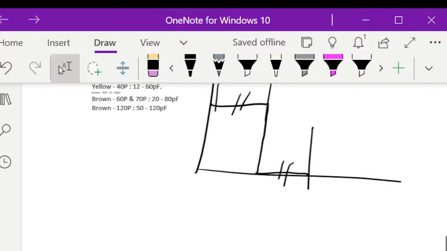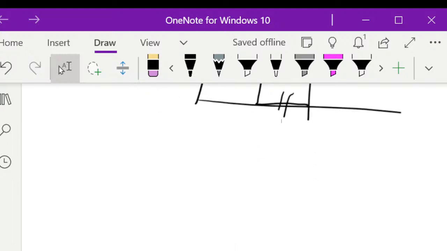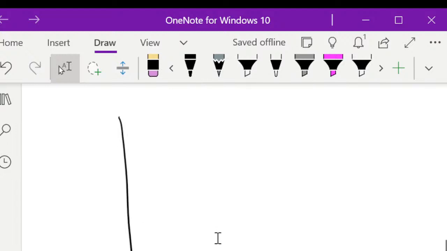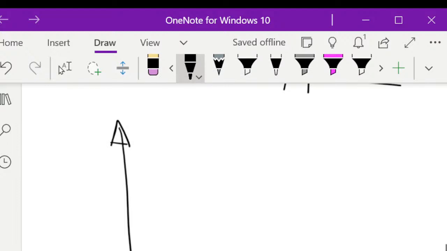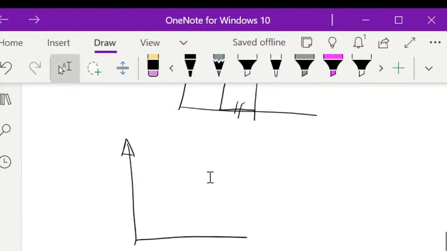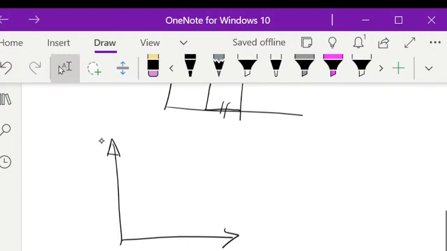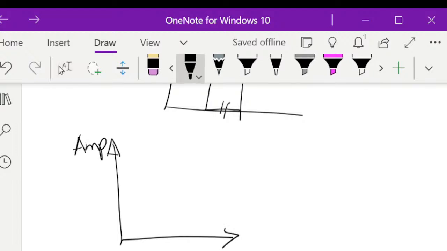Okay, so I'm going to redraw this because I don't think my screen was showing when I drew that. So if this is my amplitude, and this is my time, it means that the time my output stays on and the time it stays at 0 will be approximately equal.